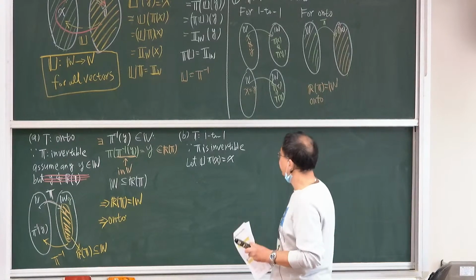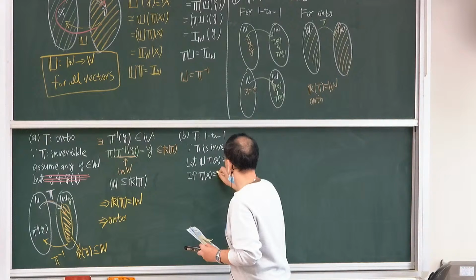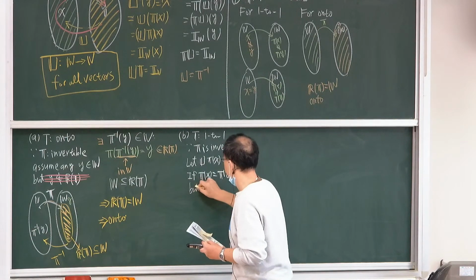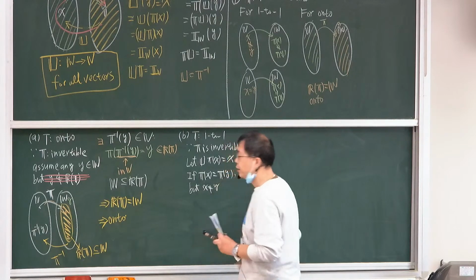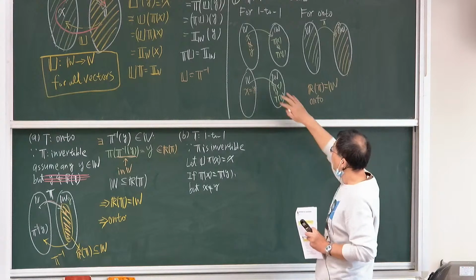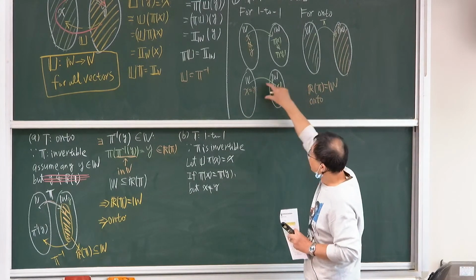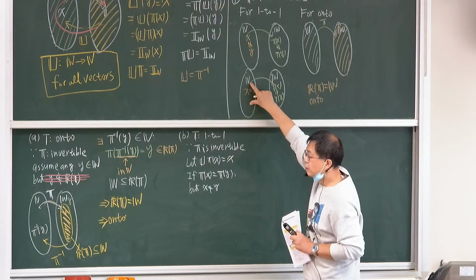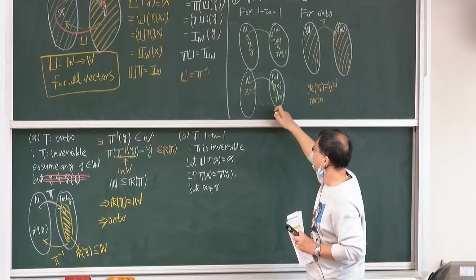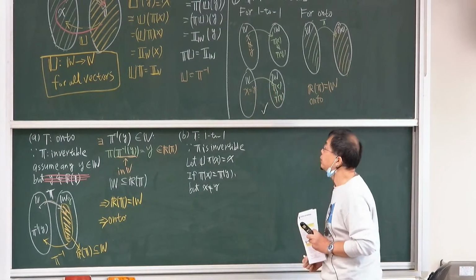So we want to prove that if T sub X equals T sub Y, then X is equal to Y. This is the way we prove 1 to 1, because if T sub X equals T sub Y means that in the vector space V, X should be equal to Y. If this statement holds, then it's 1 to 1.